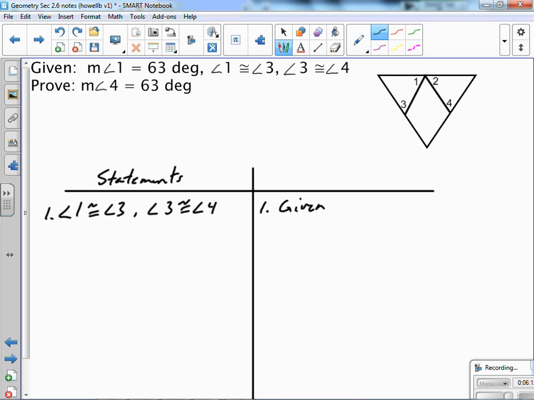Go ahead and label my T-chart here, statements and reasons. So now from the last proof we did, this should kind of just stand out to you that 1 and 4 were both congruent to 3. So I can say that angle 1 is congruent to angle 4. And once again, that's the transitive property.